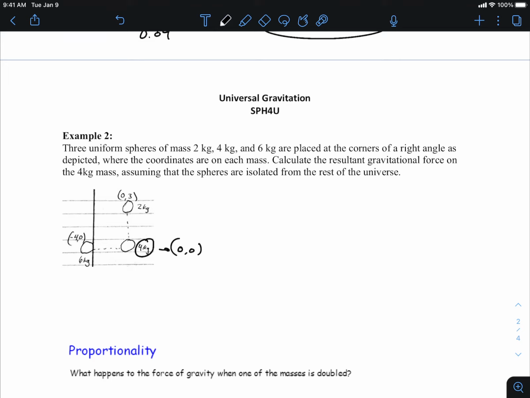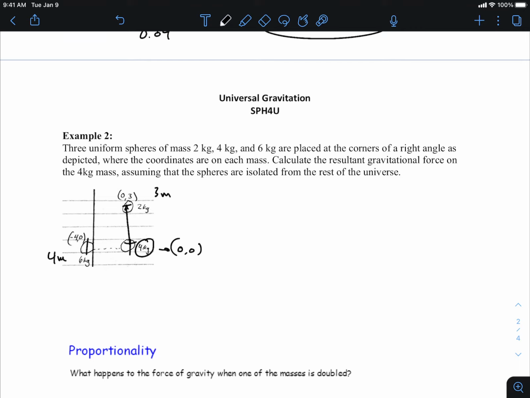I think it also says in this question that we can just assume the coordinates are in meters. So if I go up 3 meters, the distance between these two is going to be 3 meters. And over here, we're going to go 4 meters to the left.